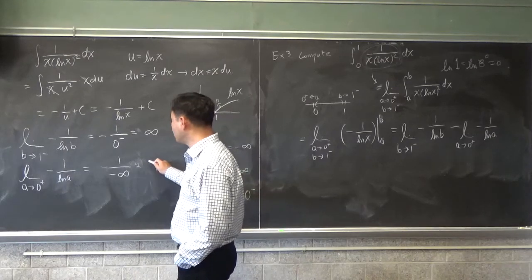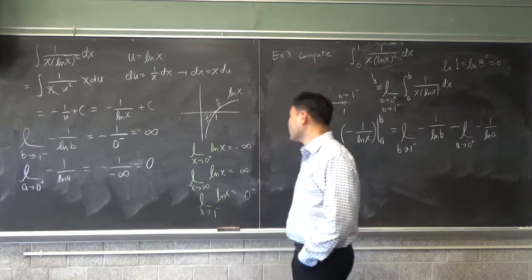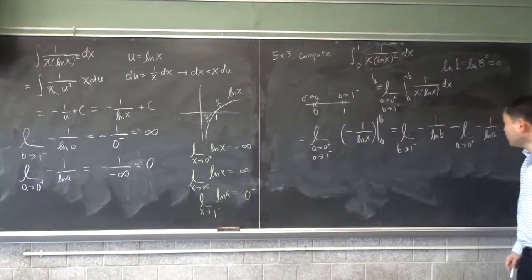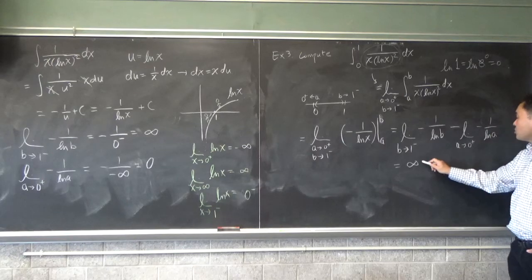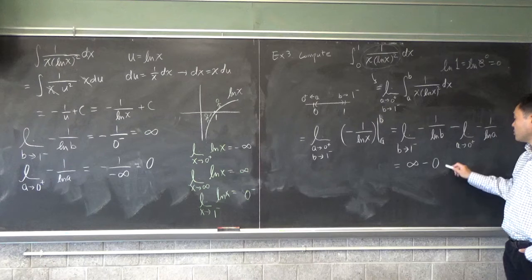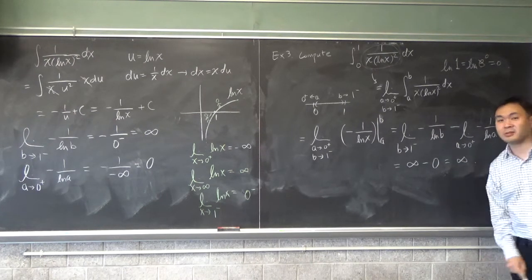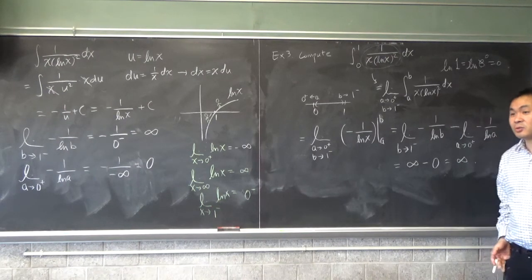So it's 1 over a positive infinity, which is 0. So you see that this goes to infinity, the other one goes to 0. So it's infinity. In other words, this integral does not converge. We say it diverges.